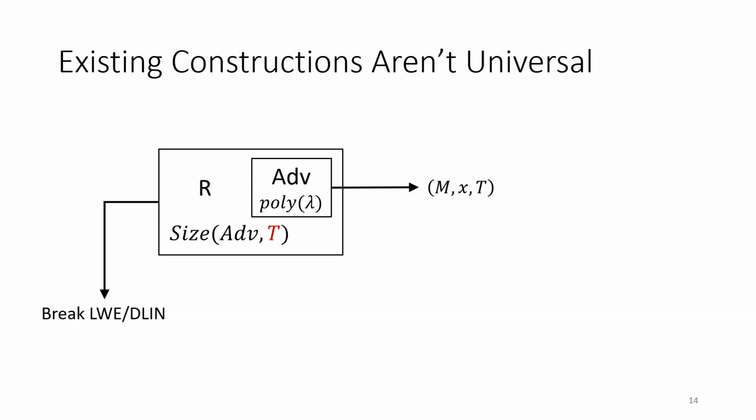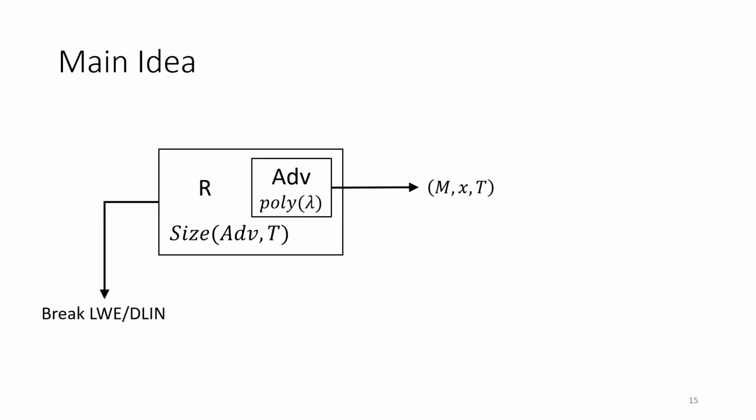And now let me tell you the main idea of how we solve this problem. So again, we have this reduction, and the problem is that the running time of the reduction depends on t, and t could be very big. What we want to do is to find some way to make sure that t isn't too big. So what we do is we use the fact that the adversary runs in polynomial time in order to make sure that it doesn't try to prove any statement that is too big.